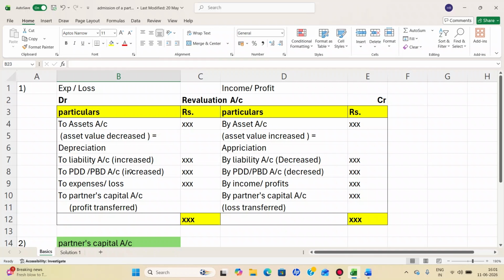Here PBT increased is on the debit side; if decreased, we write it on the credit side. Likewise, expenses or losses, I have already said, debit. Any income or profit, we write on the credit. This is the first step for calculation of admission of partner, that is the revaluation account.